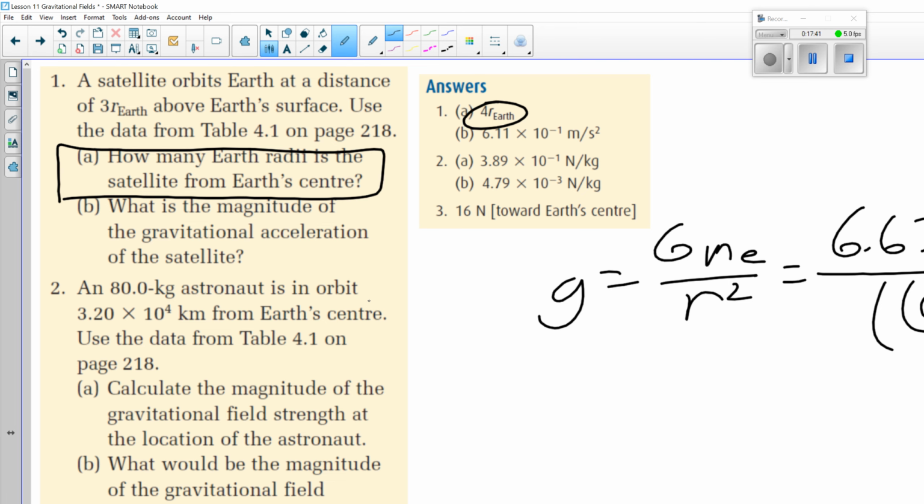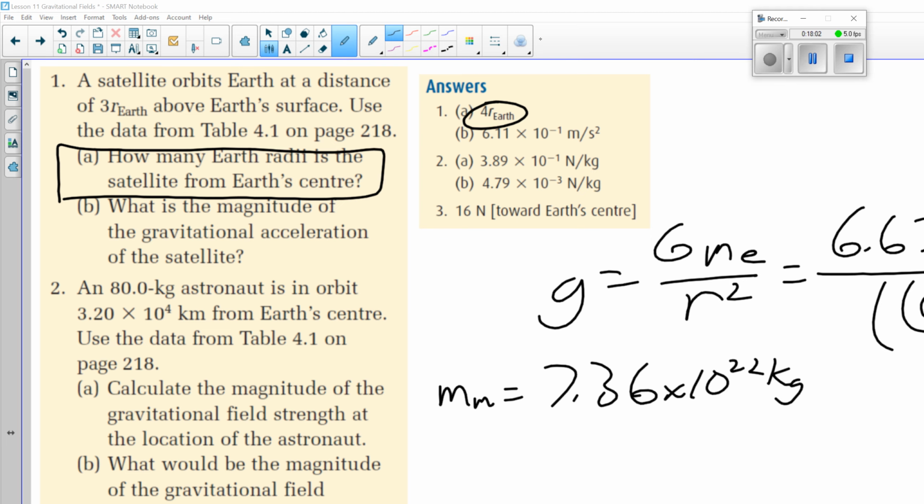So substitute mass of the moon for mass of the Earth, 7.36 times 10 to the 22. I don't know if that number's on your formula sheet or not. What are the 2 tricks in question number 2?